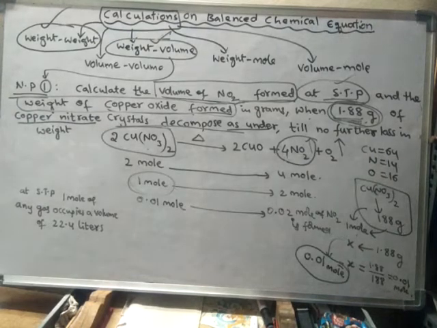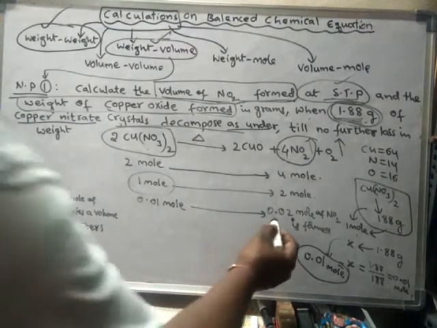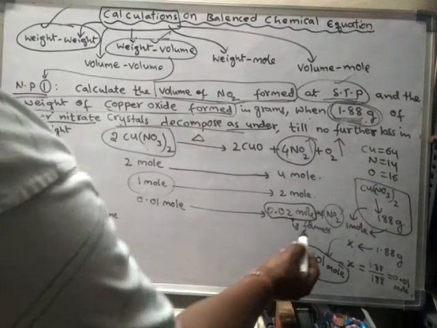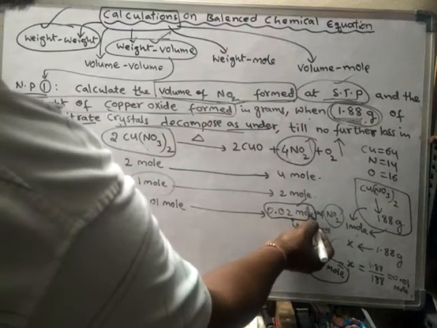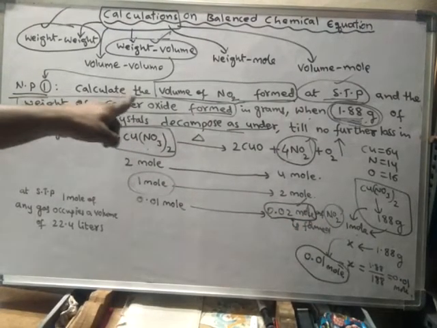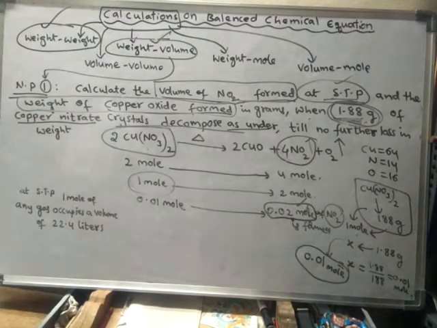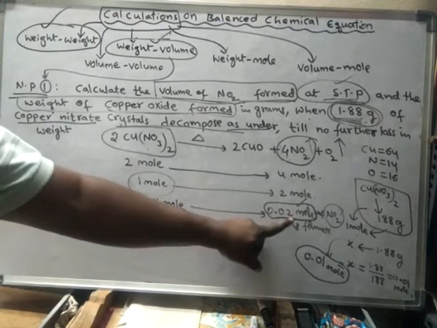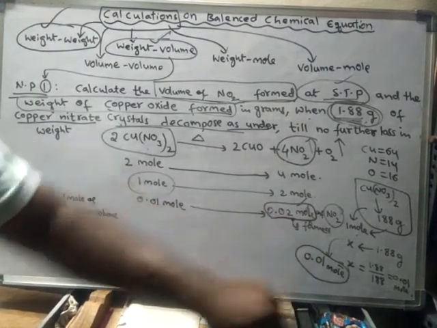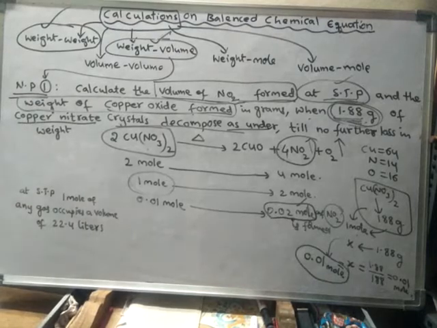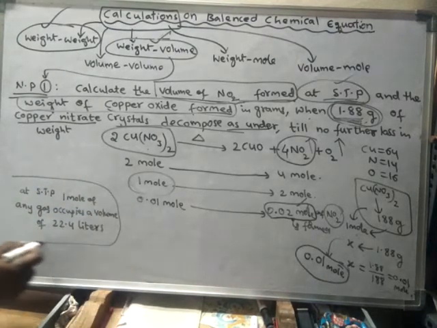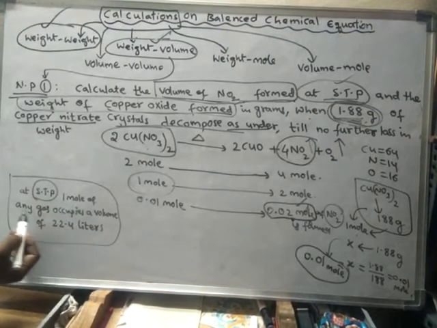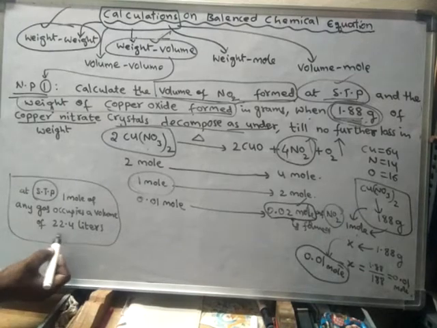Now we have calculated the amount of NO2 formed in moles. But in the question, we have to calculate the volume of NO2, not the moles of NO2. So in order to convert the moles into volume, we have to use this relationship. As the condition is mentioned, STP. At STP, every 1 mole of any gas occupies a volume of 22.4 liters.